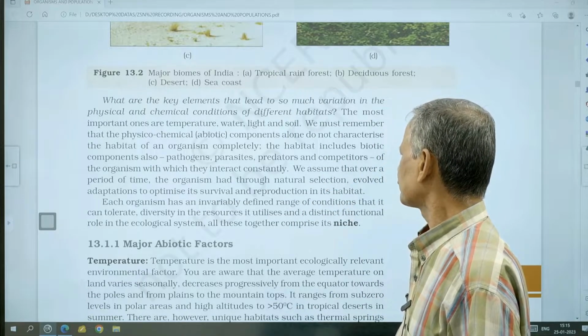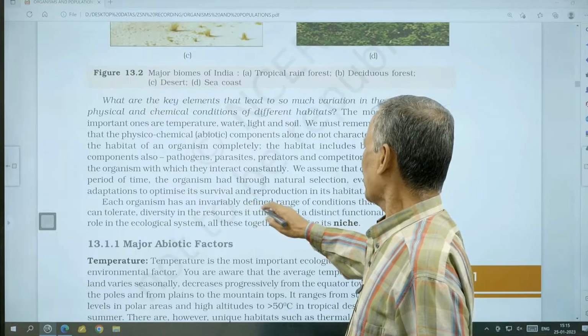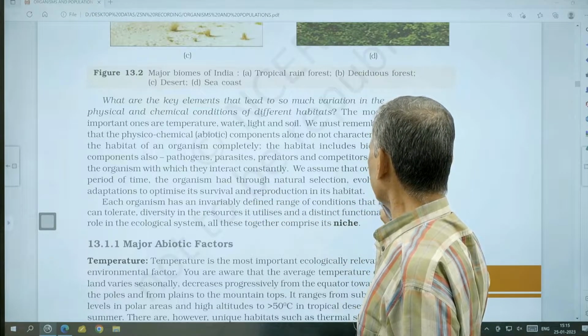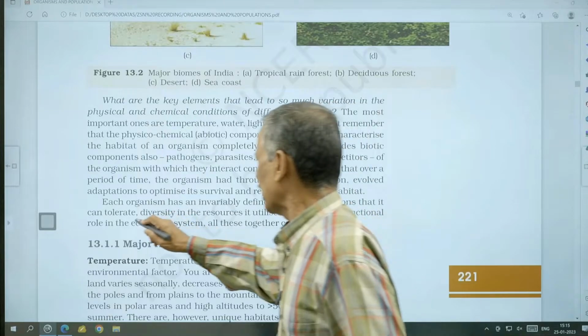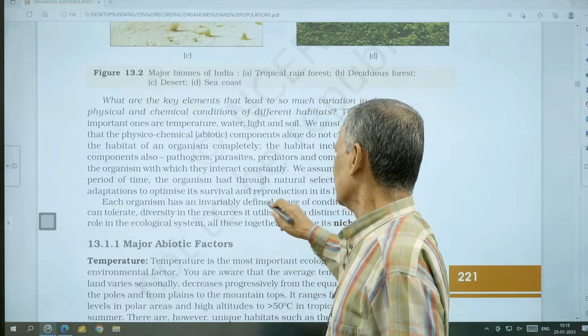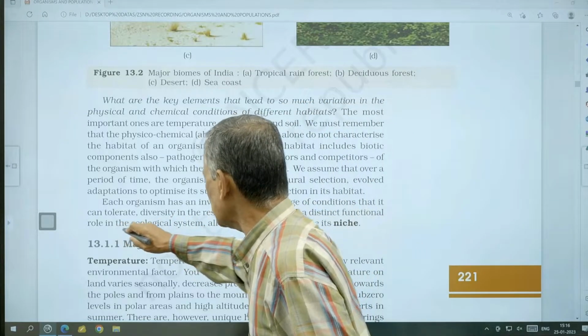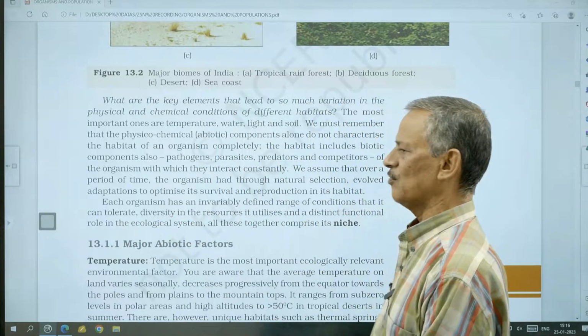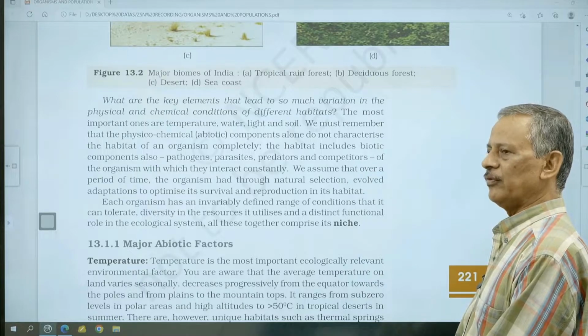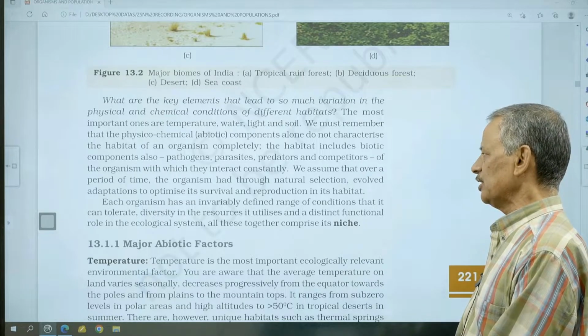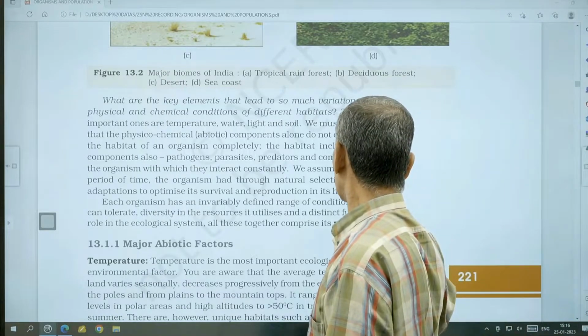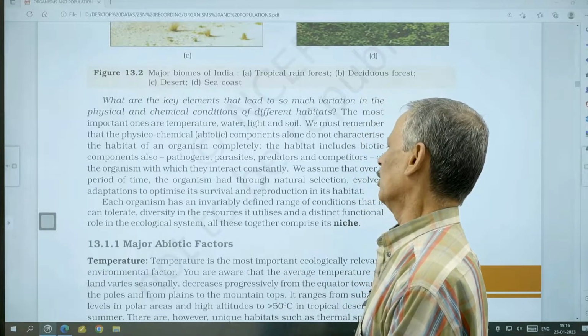Each organism has an invariably defined range of conditions that it can tolerate, diversity in the resources it utilizes, and a distinct functional role in the ecological system. What is the role? How is it living? How is it getting its energy? All these together are called niche.